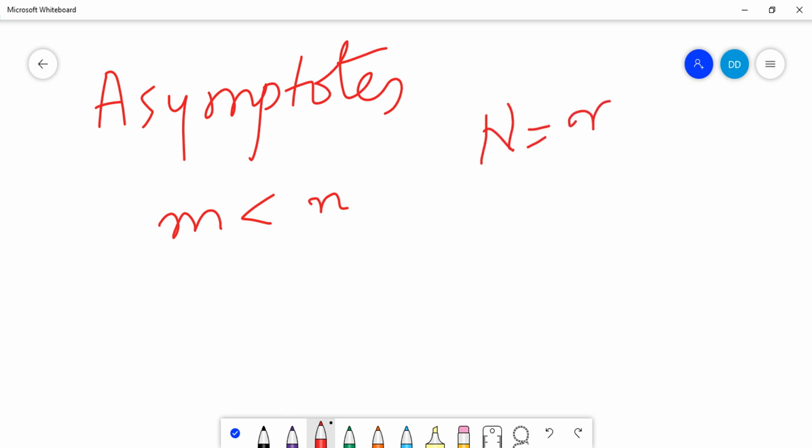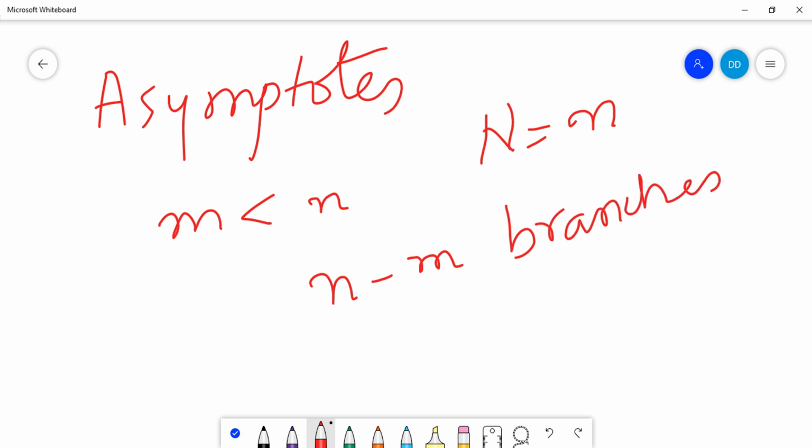It will be equal to the number of poles. In this case, n minus m branches of the root locus must end at zeros at infinity. The branches which are approaching infinity travel along straight lines called asymptotes.